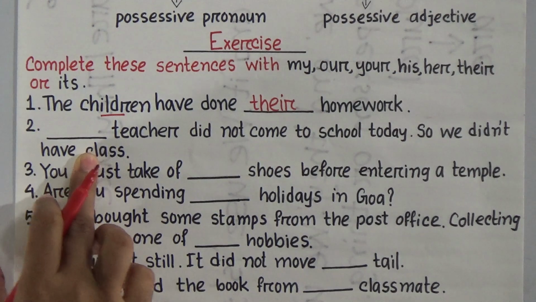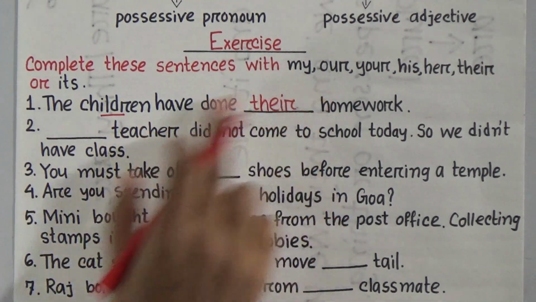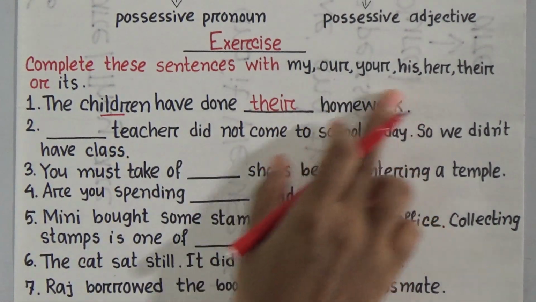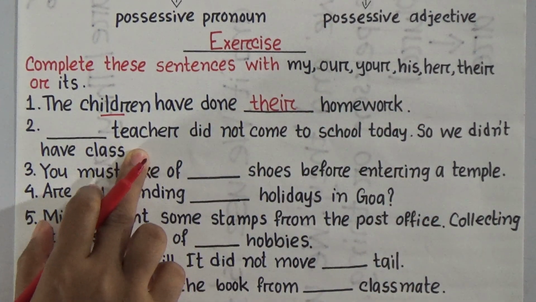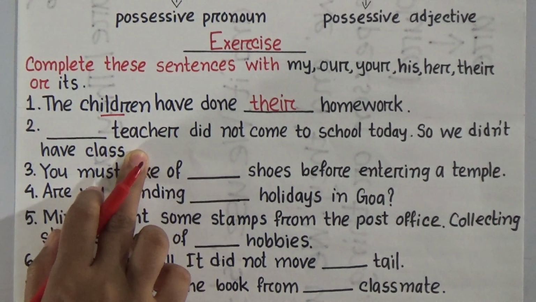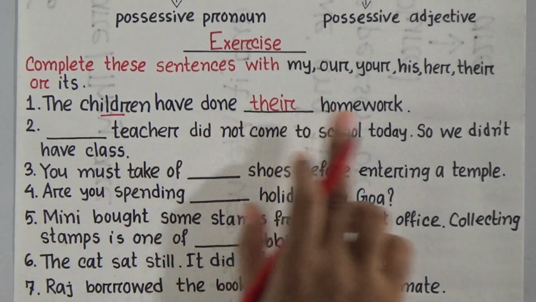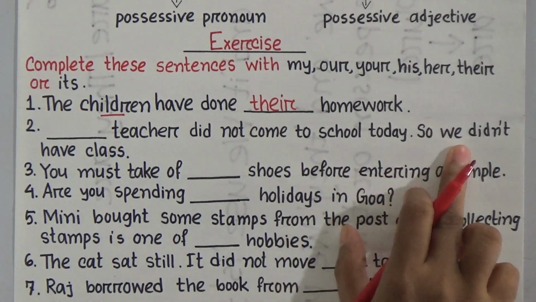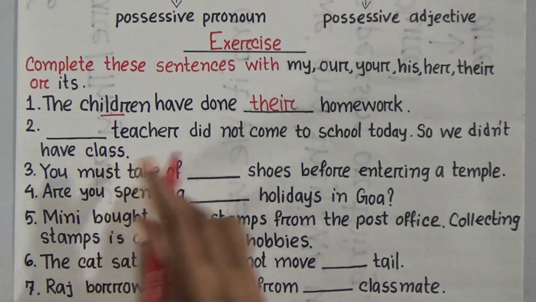In this gap, you can use my teacher, our teacher, your teacher, his teacher, her teacher or their teacher. But this will not be correct because the answer is based on the next line. Next line is, so we didn't have classes.